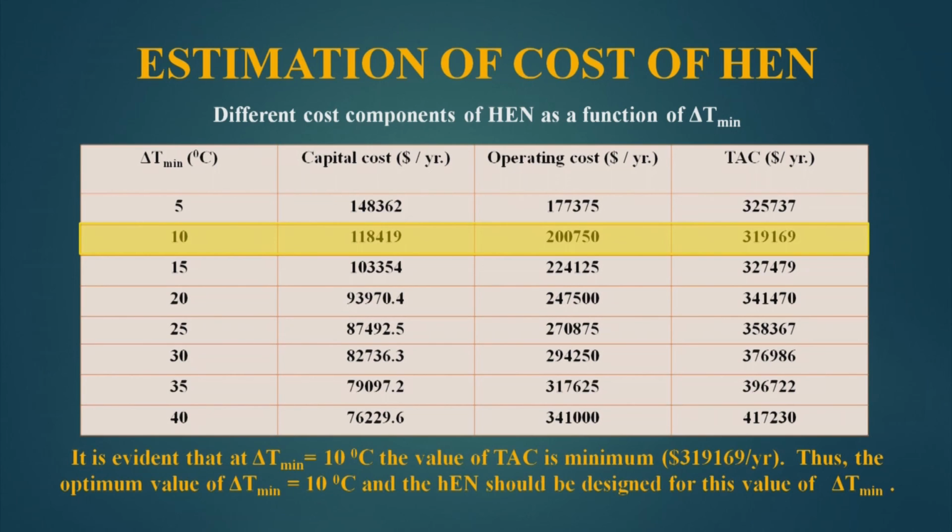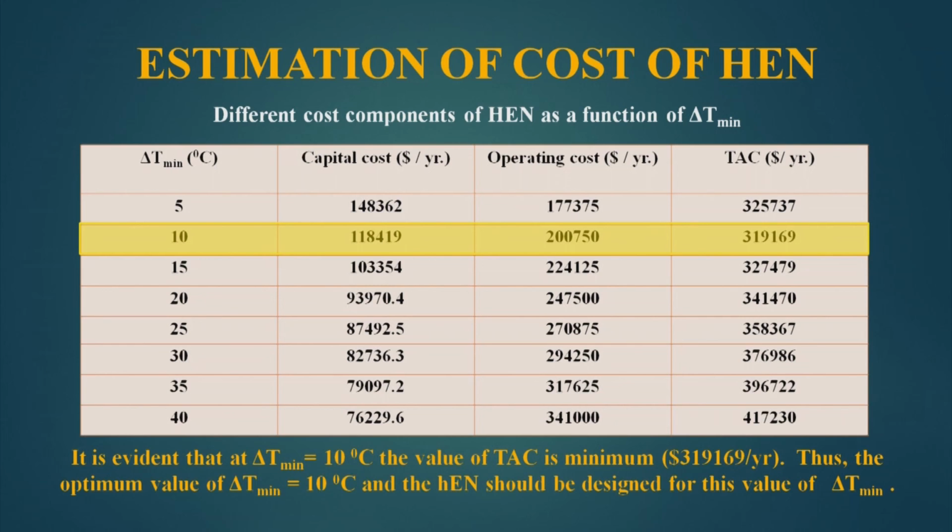And when I go for 15 degrees, the capital cost decrease is less, that is 103,354, and the operating cost increase is more, it is 224,125, and the TAC is 327,479.